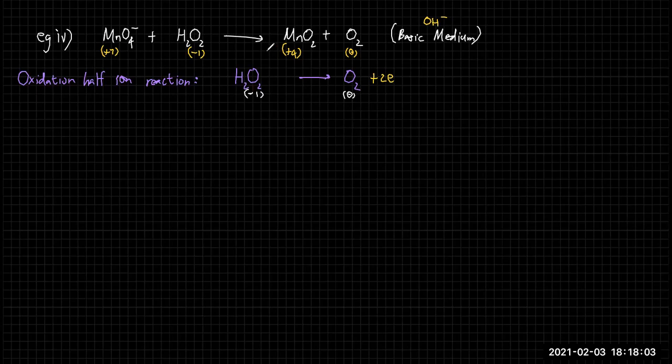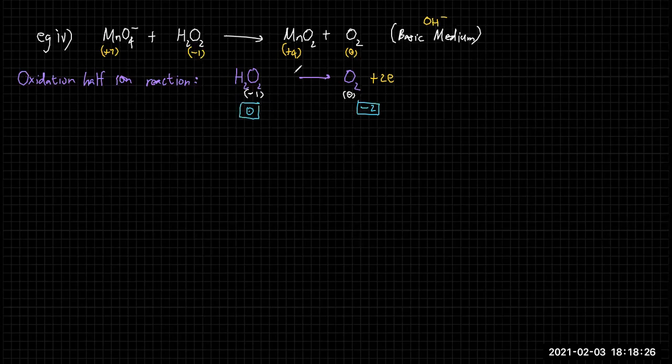And next, since this is a basic medium, reactions are easier if you balance them using charge. Now look at the right hand side. What is the total charge we have on the right hand side? -2, because there are 2 electrons on the right hand side. On the left hand side, what is the charge we have? 0. No charge is available on the left hand side.